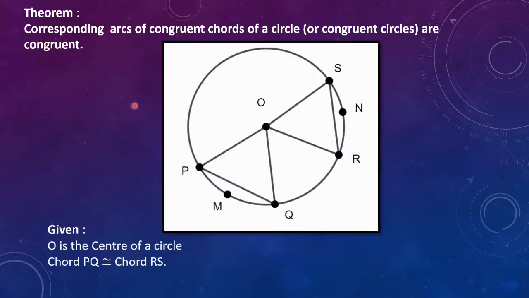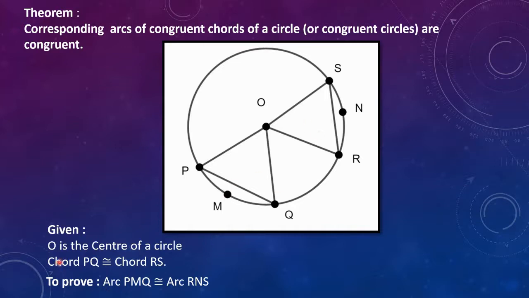Given O is the center of the circle and chord PQ is congruent to chord RS, we have to prove that arc PMQ is congruent to arc RNS. So the theorem states that if the chords of the circle, that is chord PQ and chord RS, are congruent, then the arcs corresponding to these chords will also be congruent.